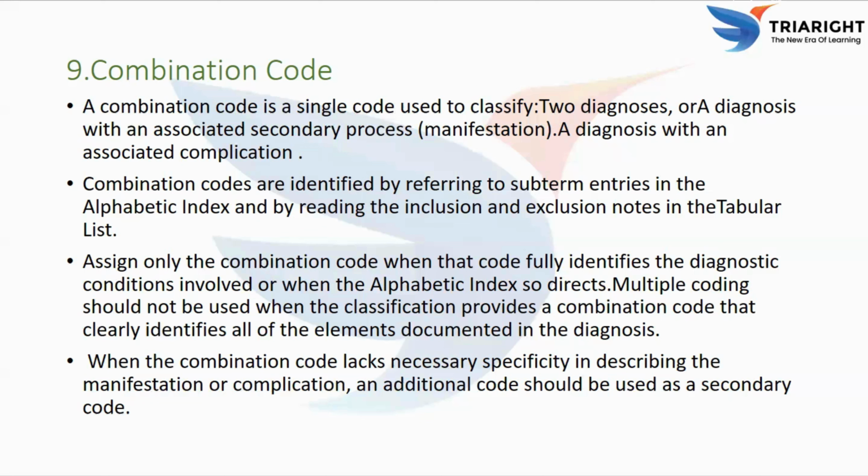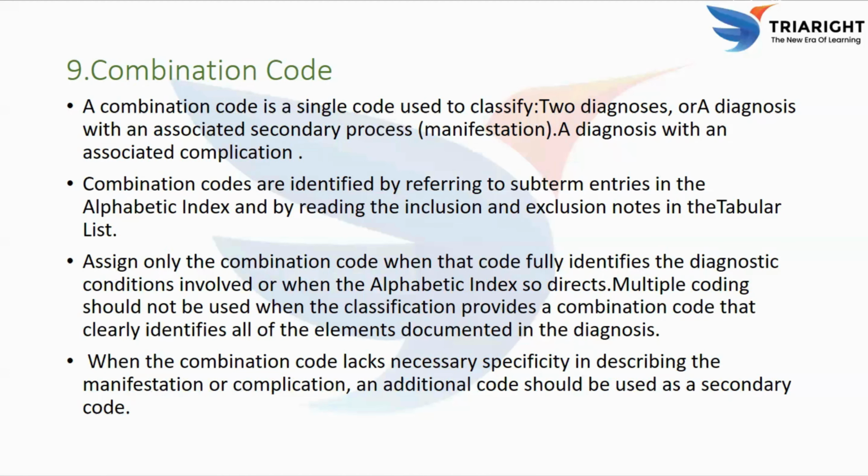So what are the coding rules for combination code? Use only the combination code whenever it completely describes the patient condition, or whenever the alphabetic index or guidelines say to use it. Do not use multiple codes if a single combination code already includes all the necessary information.